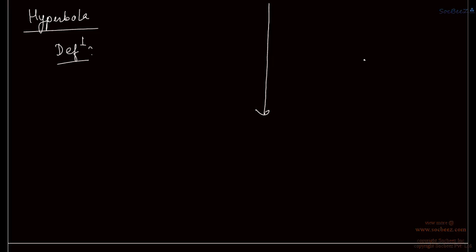So we have a fixed line, the directrix, and a fixed point, the focus F, such that for a moving point P, PF upon PM is equal to e, where e is always greater than 1. Then this locus is a hyperbola.